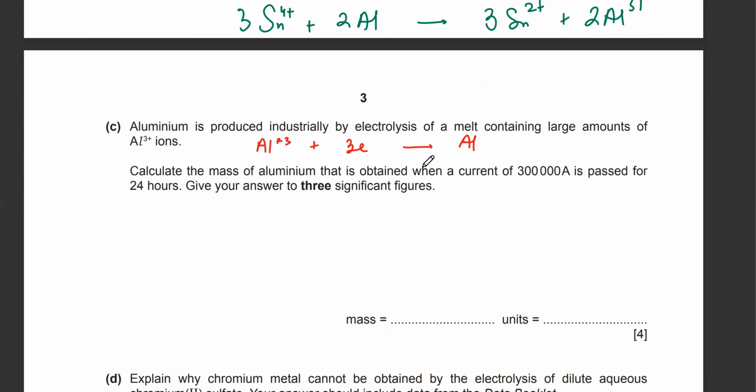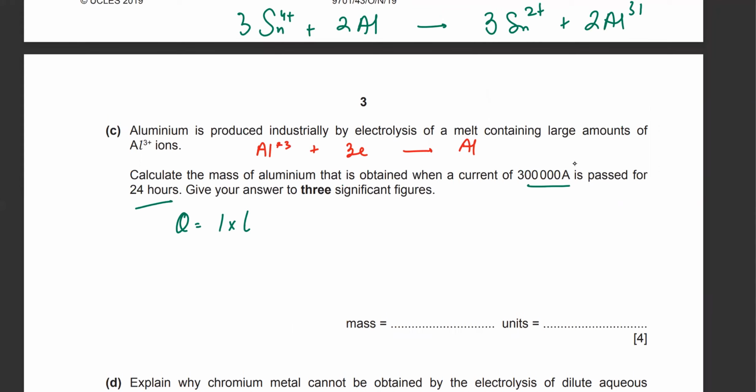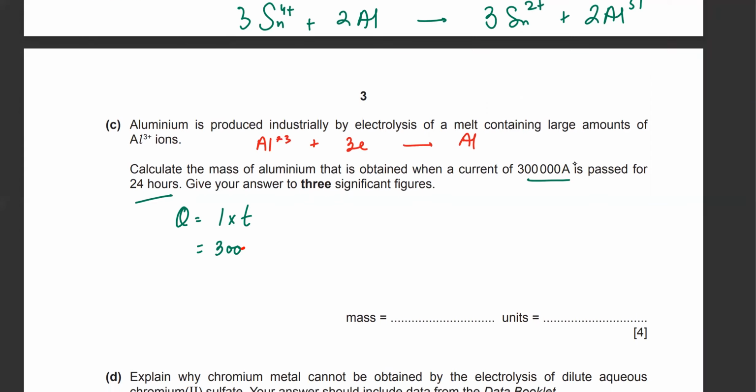So now he's trying to make aluminium and he's asking you to calculate the mass of aluminium that's formed. The current and the time is given. So Q is equal to It. You can find out the charge. It's a large current of 300,000 amperes multiplied by 24 hours, which is 24 into 3600 seconds.